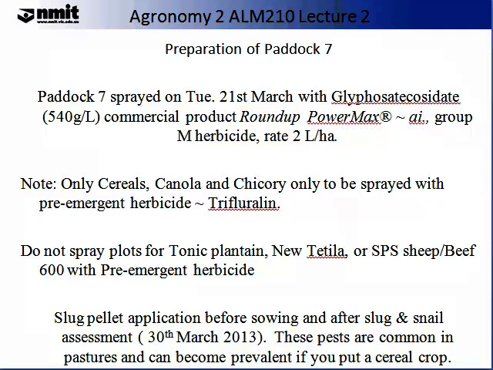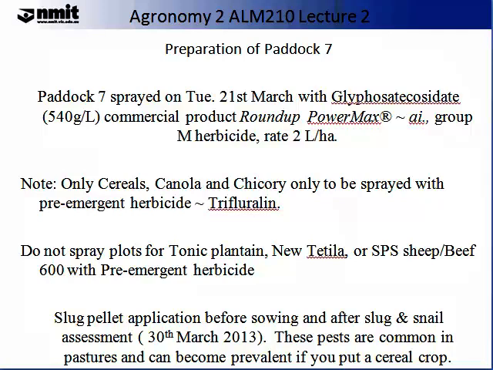We were aware that when you convert pastures to cereal crops, i.e. when you take the pasture that's existing in paddock 7, you remove it and you plant canola, there is a good chance that the existing snail and slug population could explode and have significant negative consequences on our cereal crops.